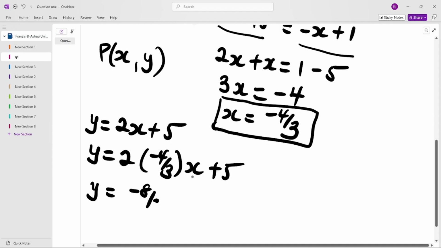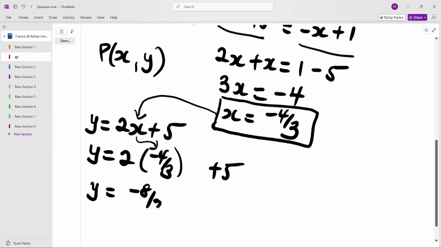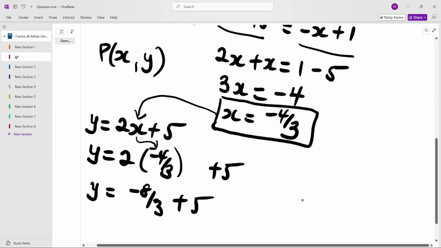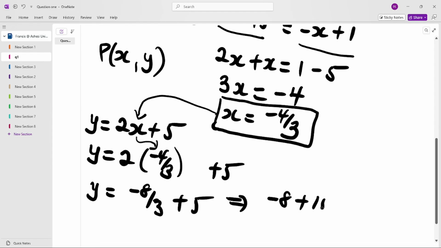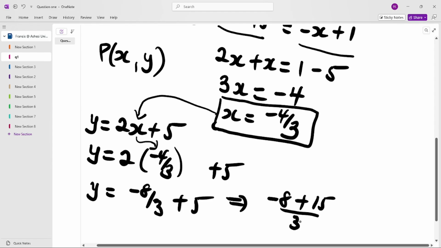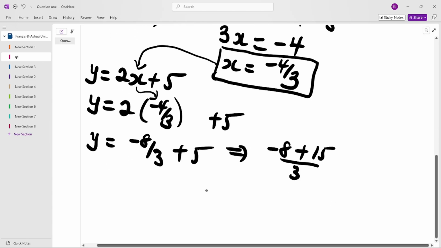The x shouldn't come again, because we have replaced the value of x by this. So we have negative 8 over 3 plus 5. This should give me negative 8 plus 15 all over 3. Then y should be equal to 7 over 3. So y is equal to 7 over 3.